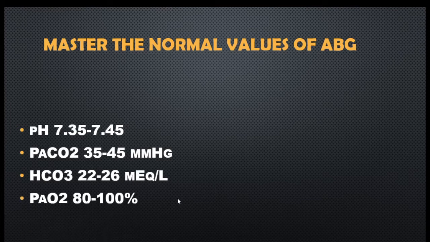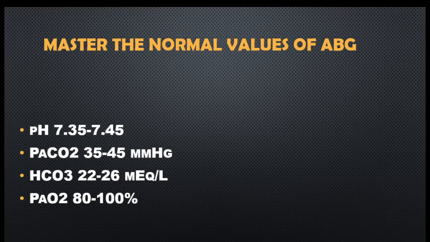Next, we have your PaO2 or partial pressure of arterial oxygen. The normal range is from 80 to 100. Although PaO2 is not included when we analyze ABG, if we want to know if our patient is having hypoxia, then we look at the PaO2 values.